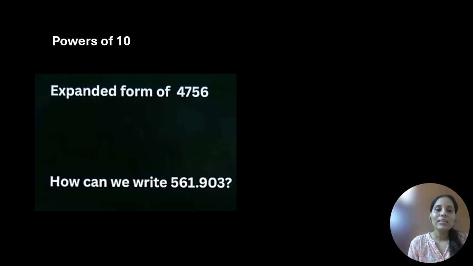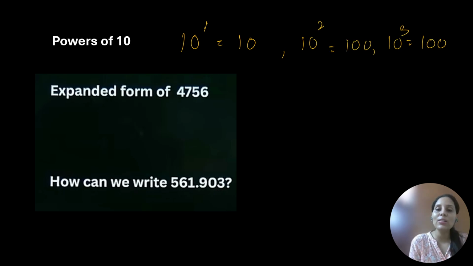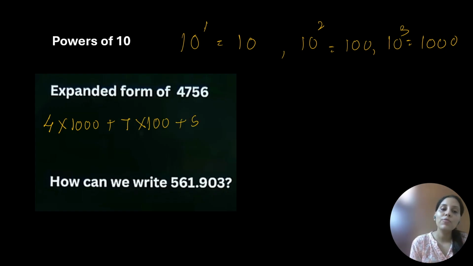Yes. Next up we have powers of 10. The easiest are powers of 10. Suppose you have 10 power 1, then there is only one 0. 10 square, power 2, has 2 zeros. 10 cube, power 3, has 3 zeros, and so on. Now we need to expand this. So 4 into, what is this? This is thousands position. 1000. 7 into hundreds place. 5 into tens place.